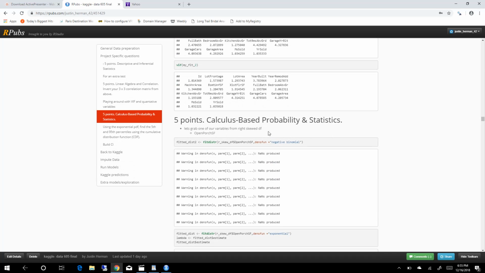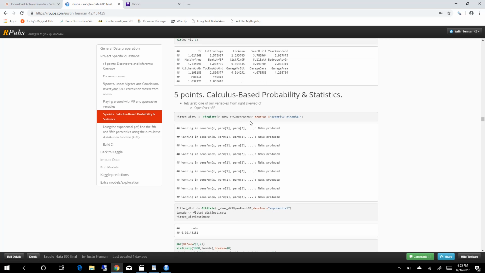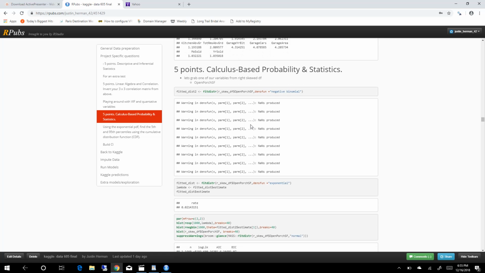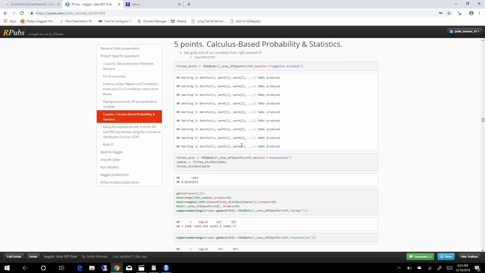From there, we go on to the calculus-based questions. The calculus-based question pretty much said that it wanted us to fit an exponential distribution to match some random variable that we were looking at for a right skewed variable.